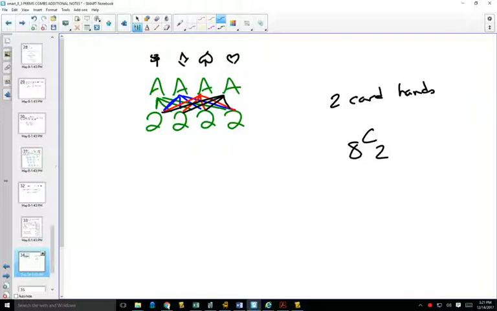Oh, and we also have to do, sorry, I need to color code this a little bit better. This ace could also go with these 3, right? And this ace could go with this one, and this one. And this ace could go with this one, and that one. And this ace could have gone with this one, and this one.